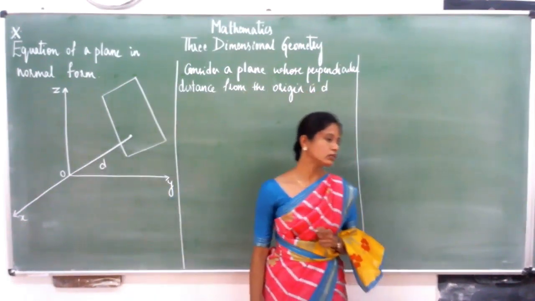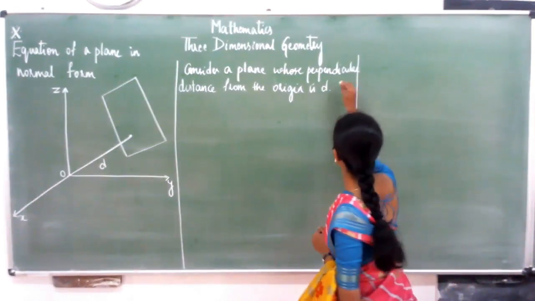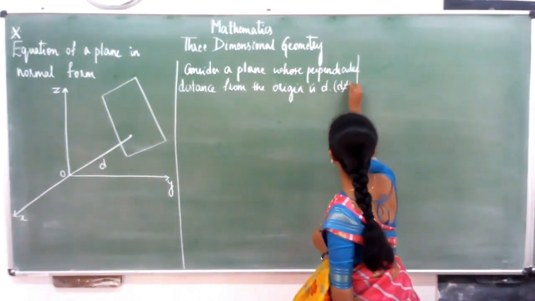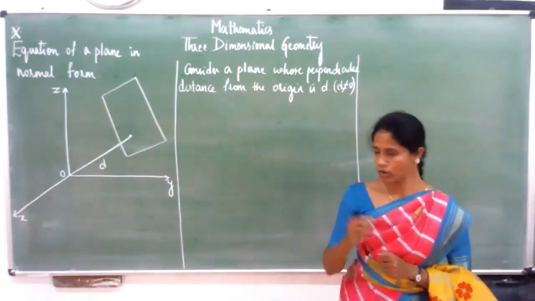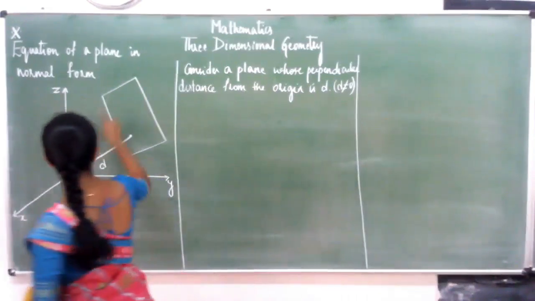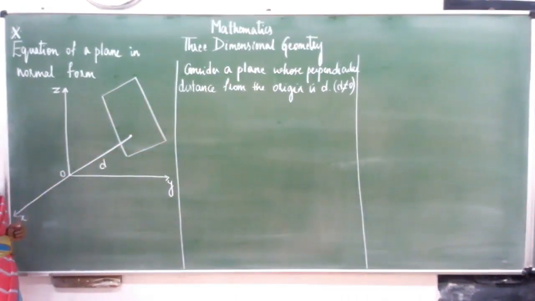And we know that this distance should always be not equal to 0. This is the first step. So we have considered a plane whose perpendicular distance from the origin is d.